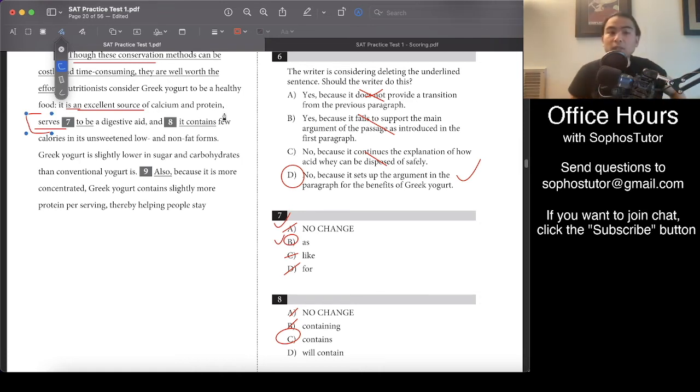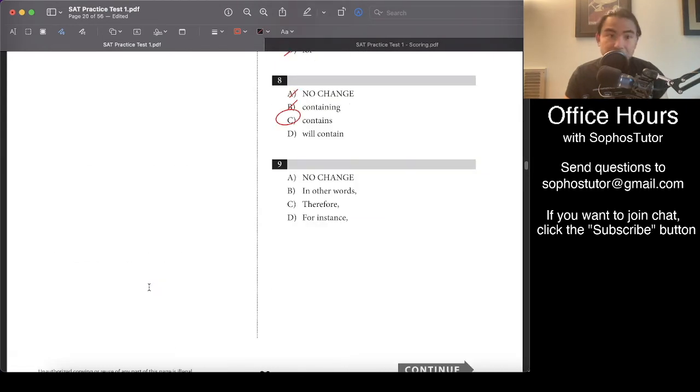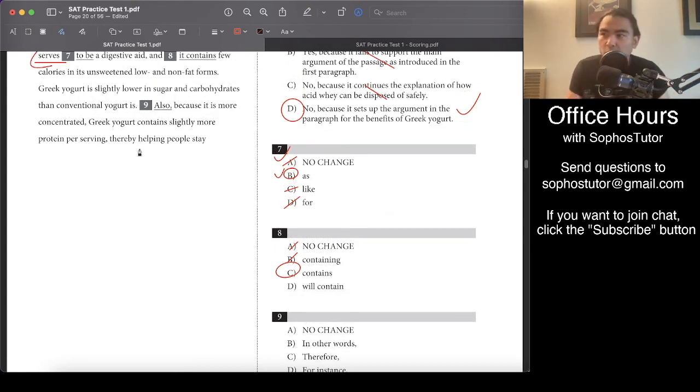Okay, continuing. "Greek yogurt is slightly lower in sugar and carbohydrates than conventional yogurt is. Also, because it is more concentrated, Greek yogurt contains slightly more protein per serving, thereby helping people stay satiated for longer periods of time." 9. I already like that also. These are both qualities that make Greek yogurt a healthy food.